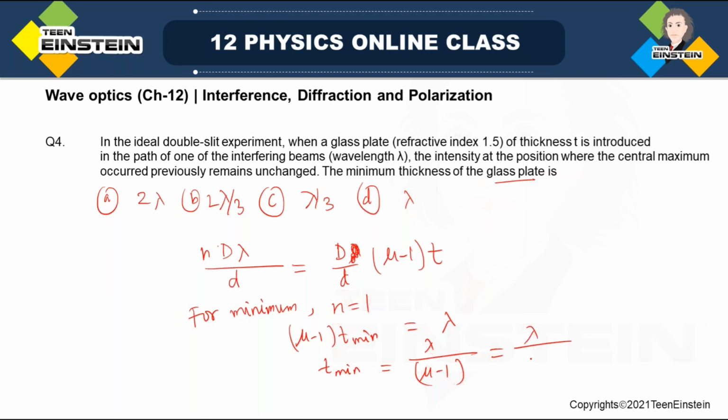So mu is 1.5 minus 1, so this will give you 2 lambda. So the first option will be the correct answer for this question.